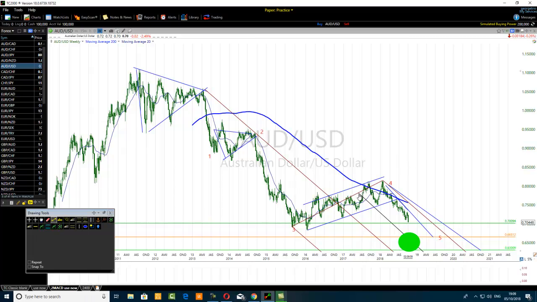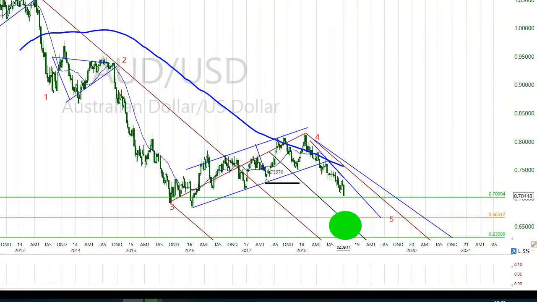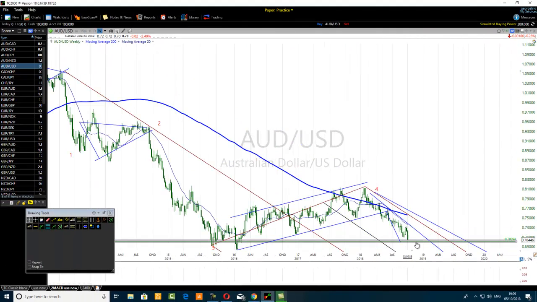So if we dip below the channel, people will measure the width of that channel to set a target like this. So you see the target is this level of 0.7009. That's the target level. Are we going to have a convergent trading signal there? That remains to be seen at 0.7009.